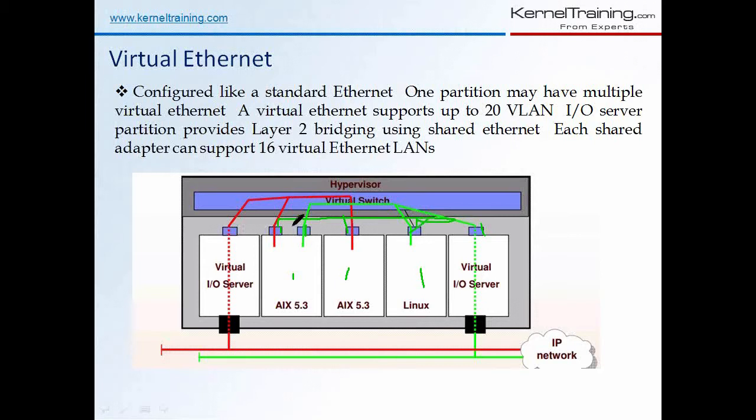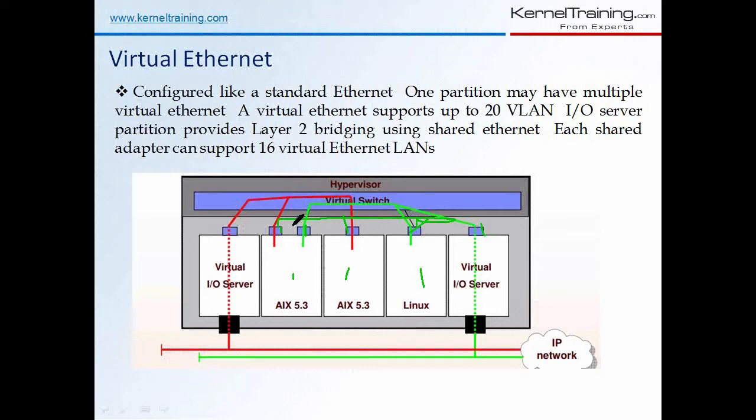How will it communicate? It will communicate with the help of the hypervisor. The hypervisor will take the packet from one LPAR and check whether the VLAN tag ID is tagged or untagged. If it is tagged, the packet will come along with the VLAN ID.